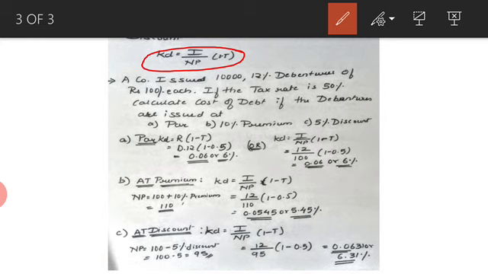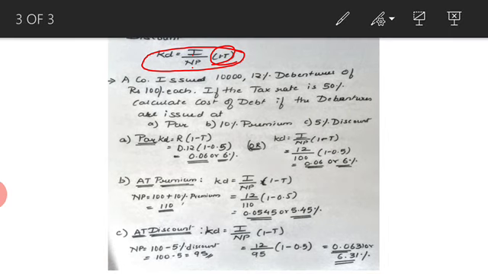I'll repeat, I represents the amount of interest, NP is the net proceedings, and T represents the tax rate. So 1 minus T is after tax.